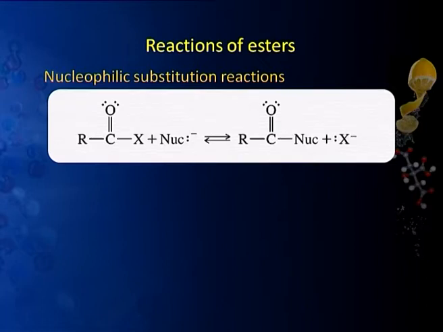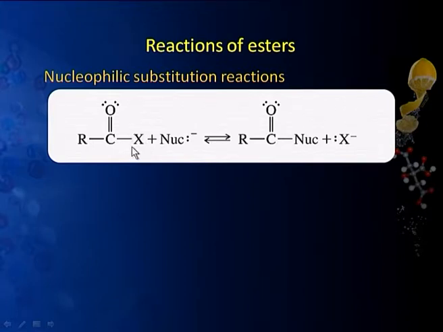Now let us talk about some of their important reactions. As we have discussed earlier, these acid derivatives undergo nucleophilic substitution reactions. Nucleophiles attack on this carbonyl and this group is lost. And we have also discussed that only those nucleophiles will be able to replace this group where this group is a weaker base.